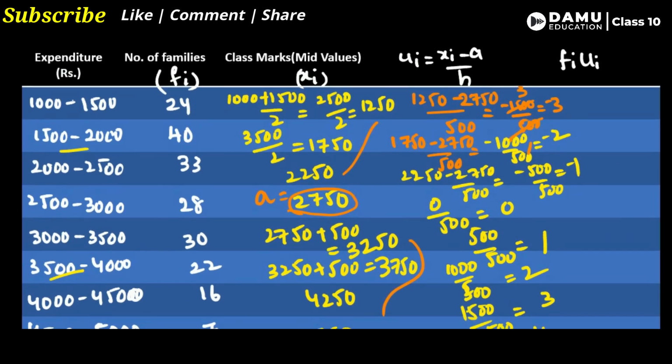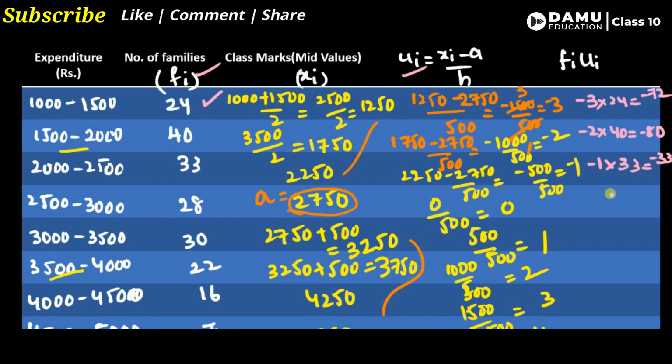Let's find the values of fi ui. We multiply ui with the frequency values.